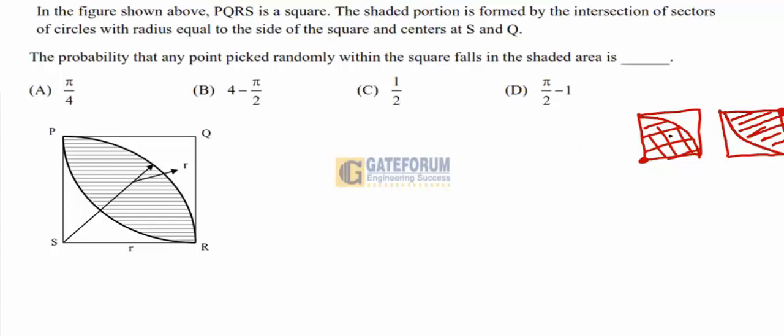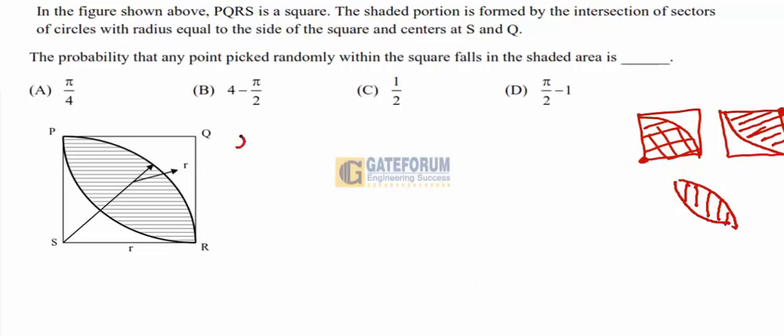Now, if I join them, you see the common part of them is this. I hope we have all understood that. Okay. If I join them, the common part is this. Now, they have asked you the probability that any point picked randomly within the square falls in the shaded area.